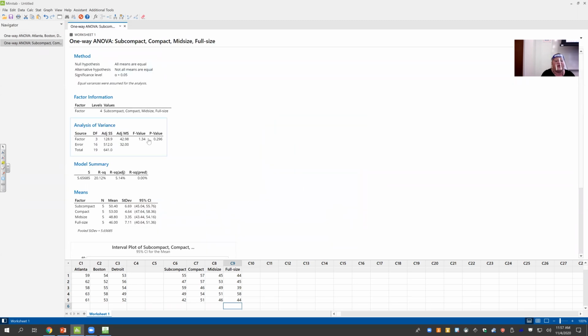Again, you get lots of information, but what I need ultimately is this F value here. And so my F value, or my F test statistic, is 1.34, and the P value is 0.296. So I write it down.